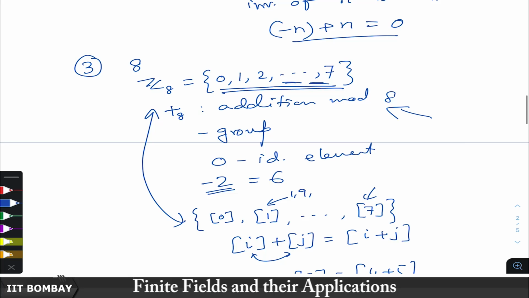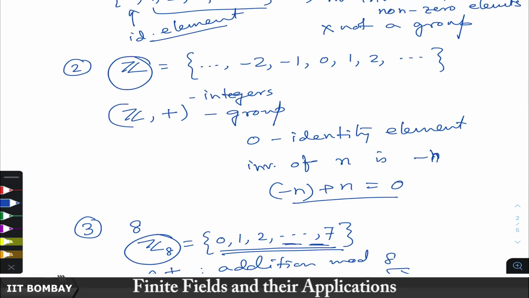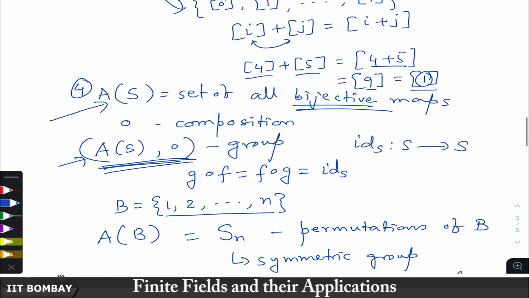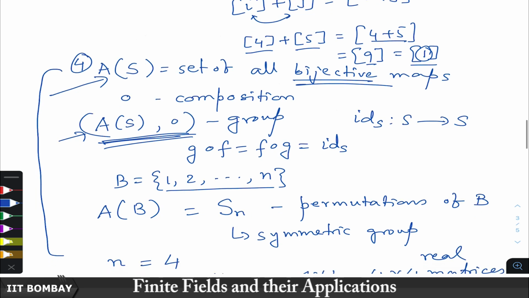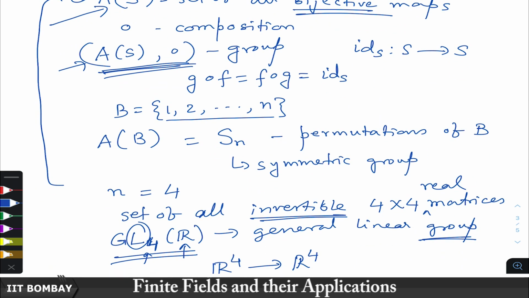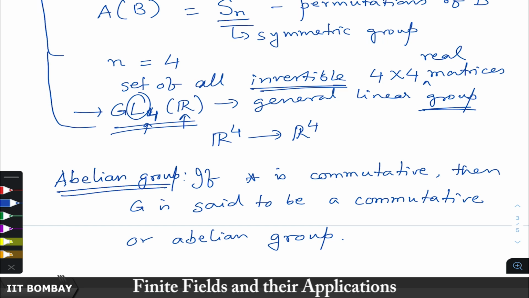Now, what we discussed here, Z8 is an abelian group, Z is an abelian group. However, these groups defined using bijective maps, whose elements are bijective maps, are all non-abelian groups, in particular Sn, and also the general linear group.